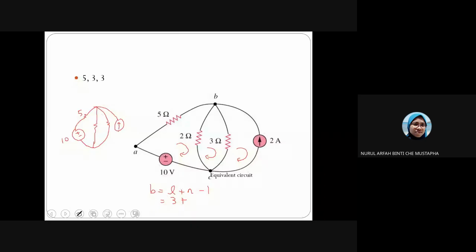Okay, so how many do I need to write? Because these two branches are connected side by side, you are having one node. So you have three nodes. 1, 2, 3.